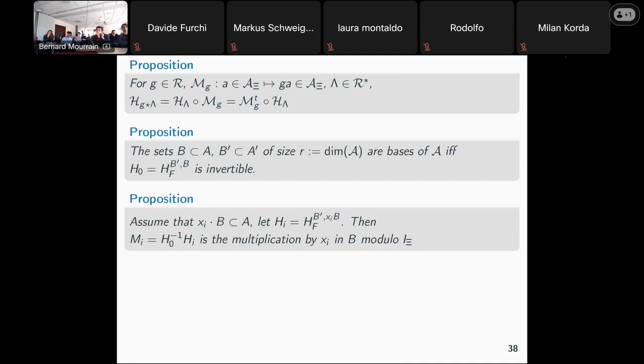When we have sets B and B prime of size R inside the A and A prime, R is the dimension of the quotient by the ideal generated by the kernel. So if these are bases of the quotient, then the block indexed by this B prime and B is invertible. And the converse is also true. So if this is invertible, then the B and B prime are bases.